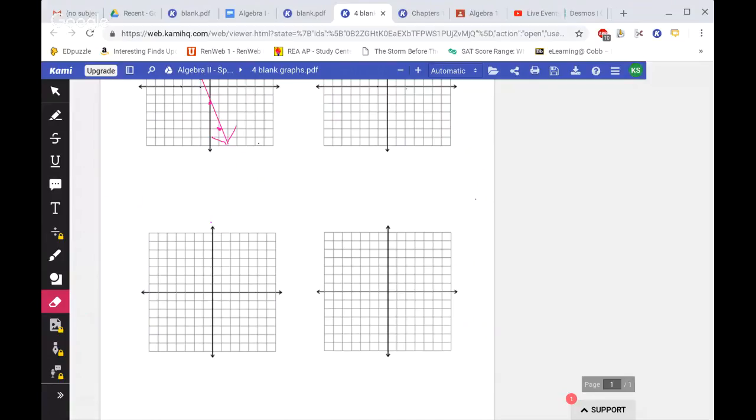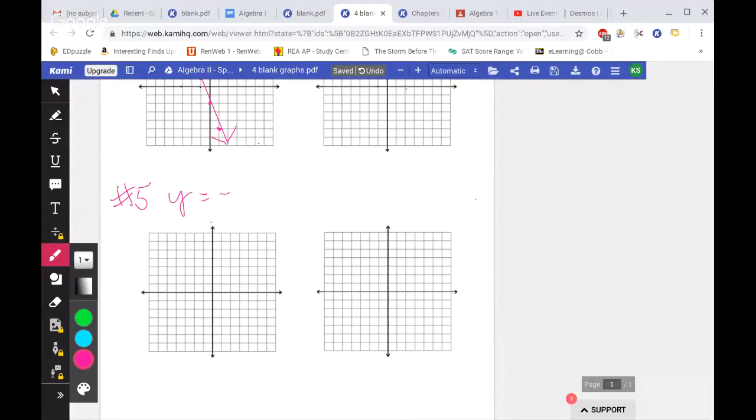Graph the function y equals negative 3x plus 1 with a domain of x is less than or equal to 0. So that means I'm never going to pick any integer or real number that's greater than 0. Everything has to be 0 and below. So for number 5, it's asking us to graph the function y equals negative 3x plus 1, but the domain has to be numbers that are less than or equal to 0.